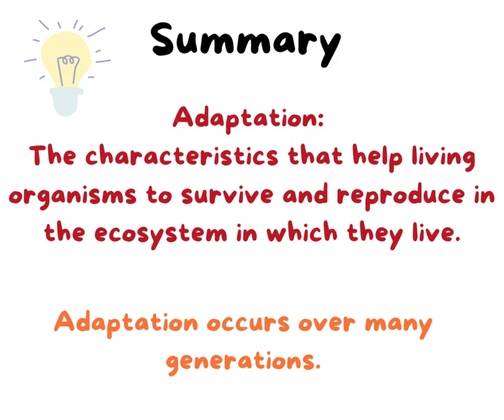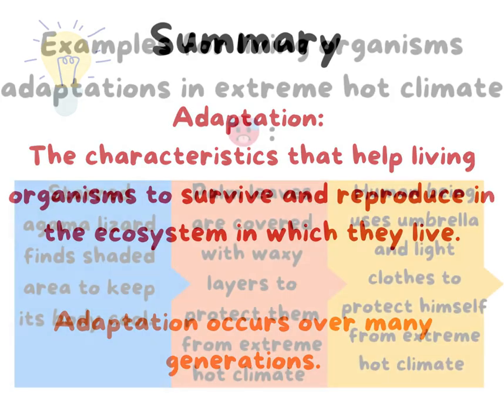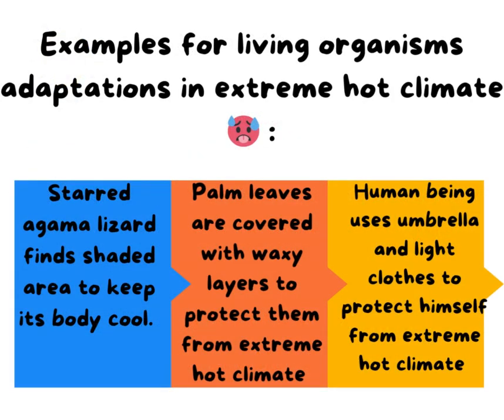I will say to you again, don't worry about this definition. We will discuss it more and more, and you will know how to write it, okay? So adaptation: the characteristics that help living organisms to survive and reproduce in the ecosystem in which they live.